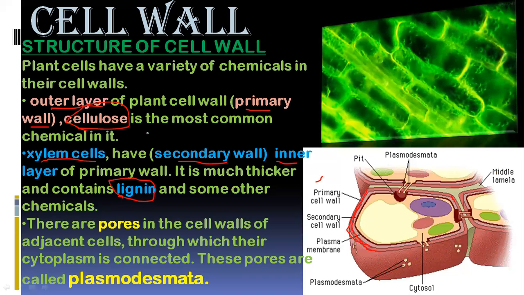The primary cell wall has cellulose, which makes the plant cell wall a harder, strong, stiff structure. But if lignin is present, it gives it more strength and power. So cellulose and lignin are present in the primary and secondary cell walls of plant cells.